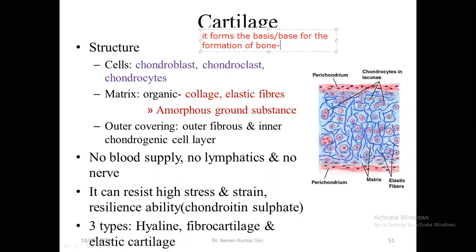While doing the developmental classification of bone, there are three types of bone on the basis of mode of formation: the membranous bone, cartilaginous bone, and the membranocartilaginous bone. So this cartilage forms the base for the formation of the cartilaginous bone.